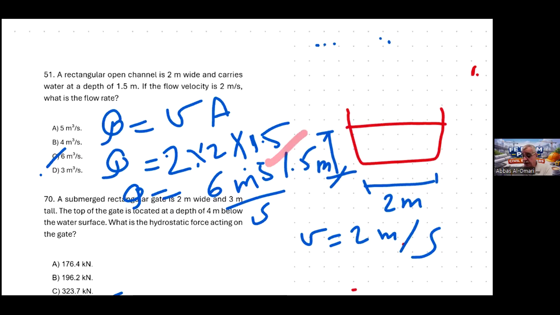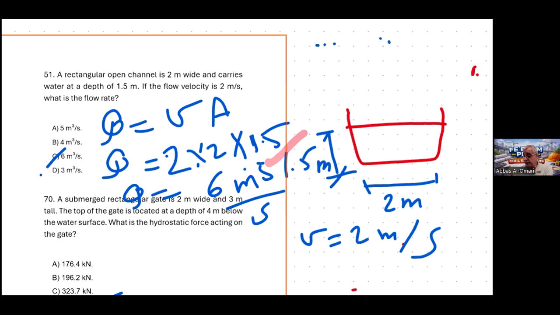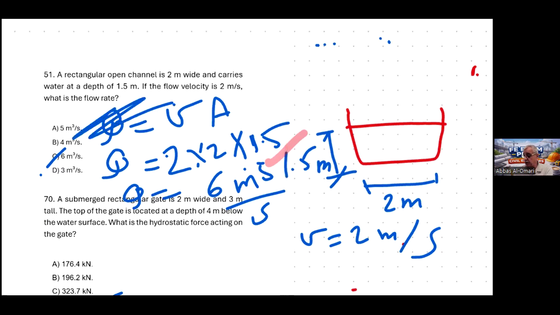Okay, let me check one more question. I will leave this to the other video. Okay, let me do this one. A submerged gate hydrostatic force problem. So there's a submerged gate underwater.